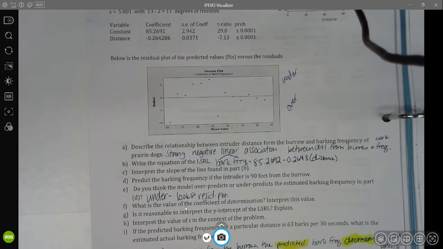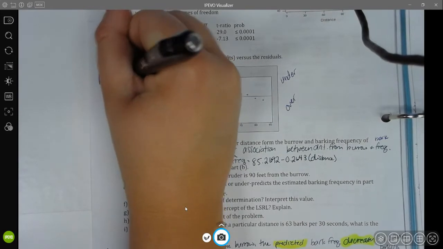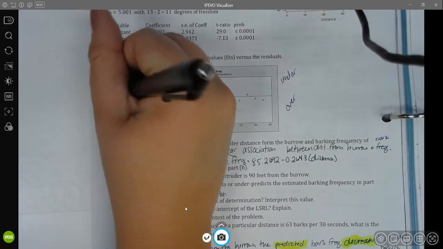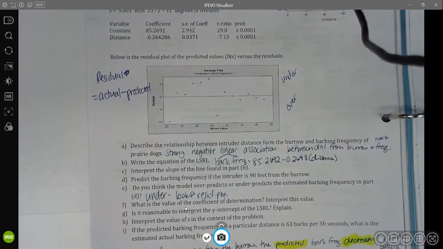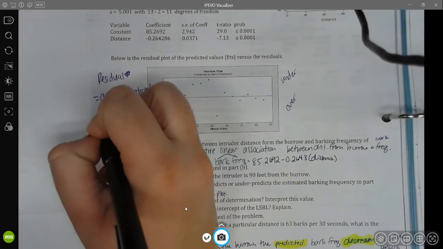And that is a residual when we take our actual minus our predicted. It's important to note here that a residual is equal to the actual minus the predicted. Act minus pre is what I usually use to remember the order.